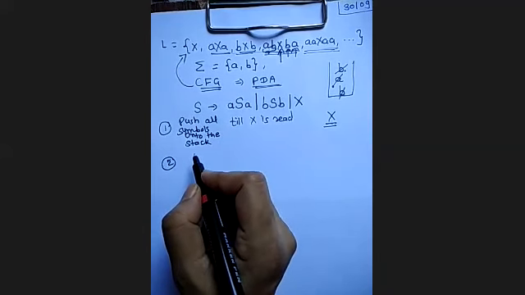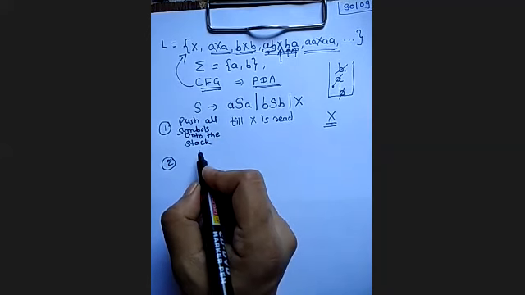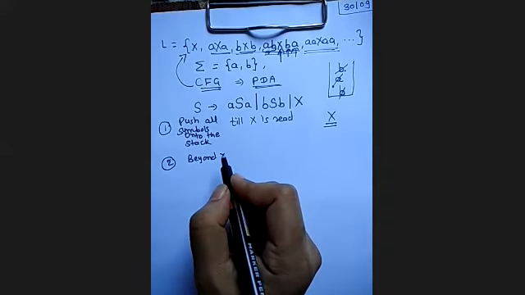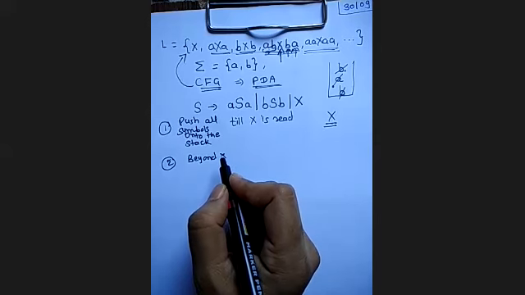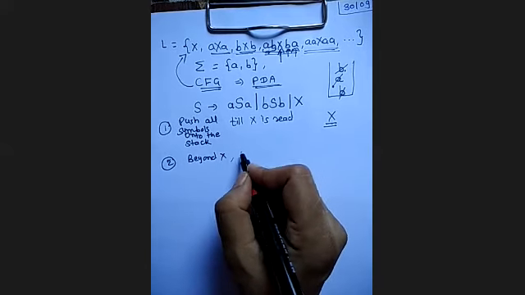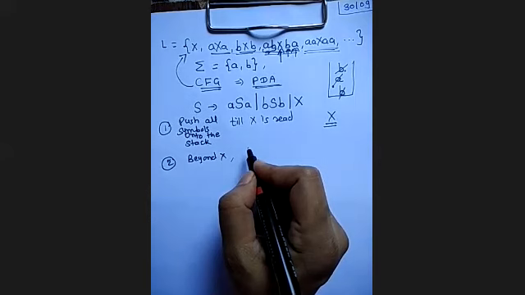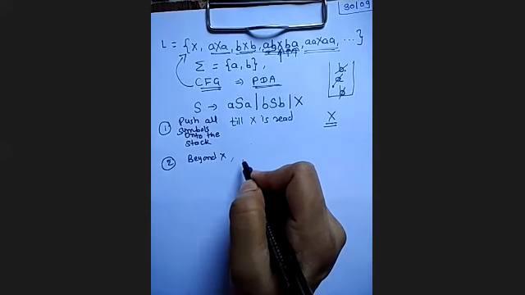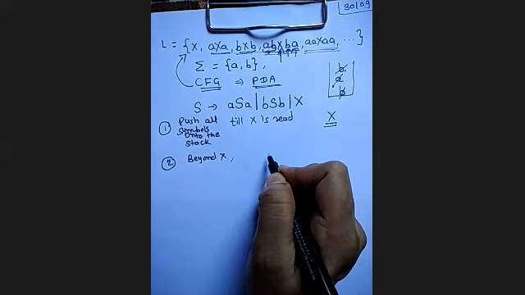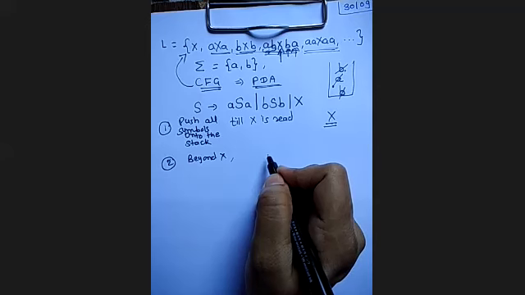beyond X, for every input symbol that is read, pop a symbol from the stack and check for the equality with the recently read symbol.